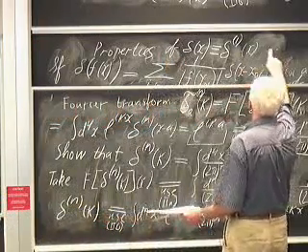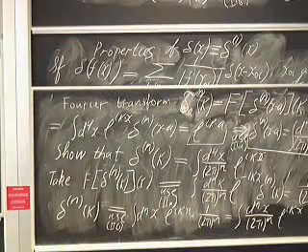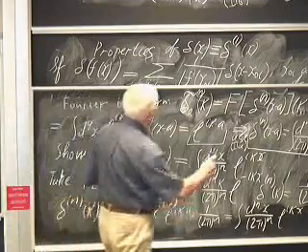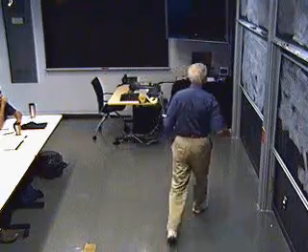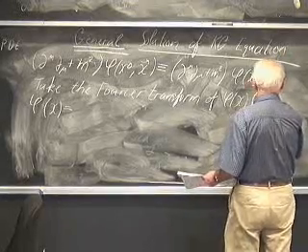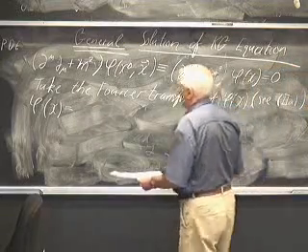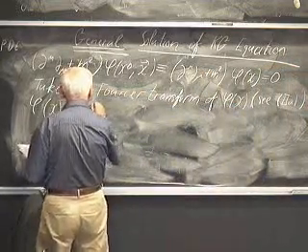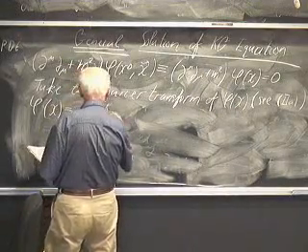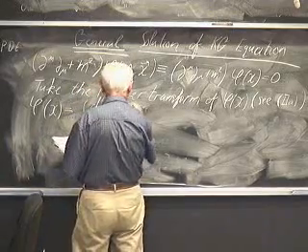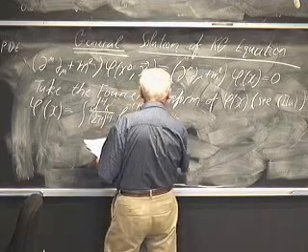Exactly. So we have this d4k over 2 pi to the 4 and phi tilde k.